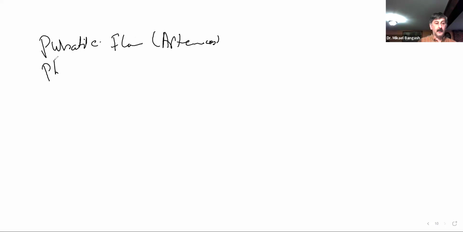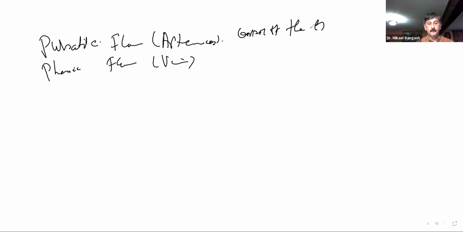If we come across phasic flow, which we saw in veins. Now this was controlled by contraction of the heart. This was controlled by the respiration.